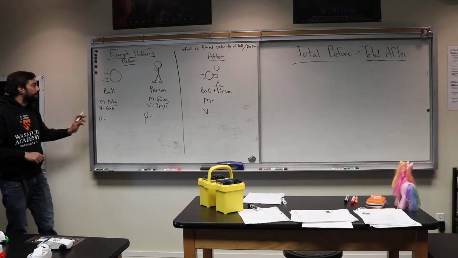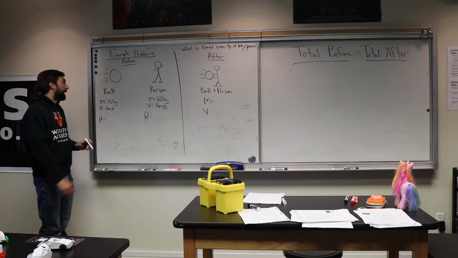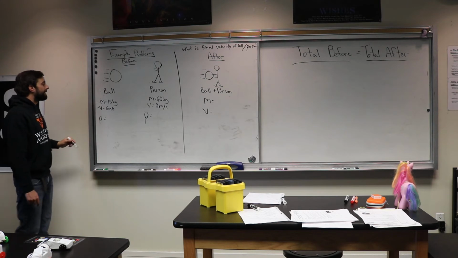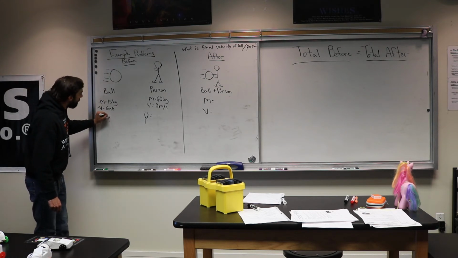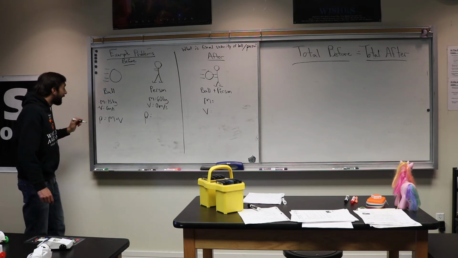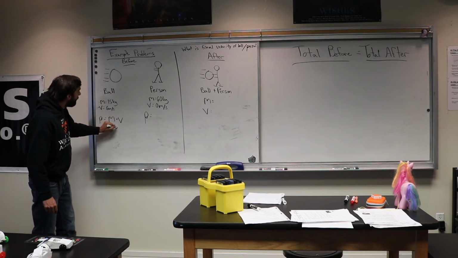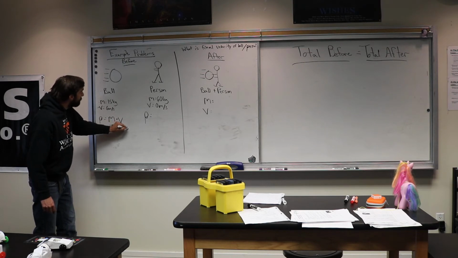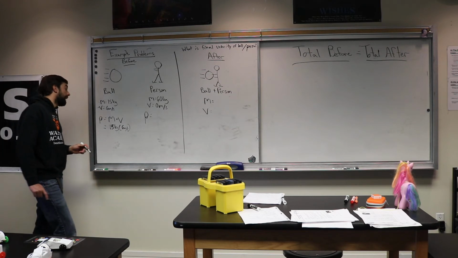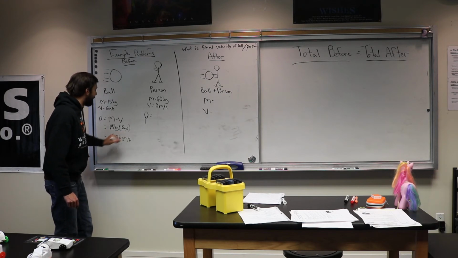The first thing I want to do is calculate the initial momentum, the before momentum of each object. The ball has a mass of 15 kilograms and a velocity of 6. Remember, momentum is mass times velocity, so we have 15 kilograms and 6 meters per second. 15 times 6, that's 30 times 3, we have 90 kg m/s.